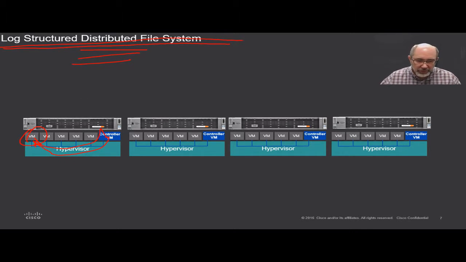This VM, through the controller VM, will be spreading its writes across all the nodes in the system, and not only just all the nodes, but all the disks in the nodes. And that includes the cache, which can be SSD or some other higher performance product, and the capacity layer as well. So it's being striped across the capacity layer.